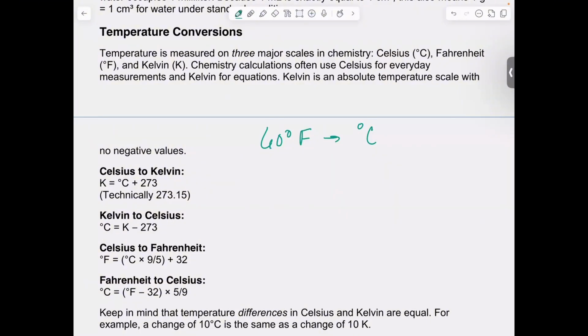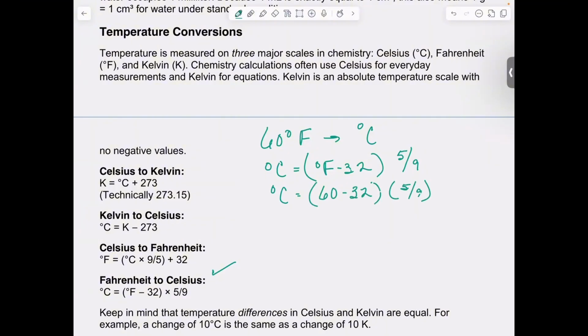Fahrenheit to Celsius, I would simply use this equation down here where degrees Celsius is degrees Fahrenheit minus 32. And then I'm going to apply this 5/9 ratio. So ultimately, degrees Celsius would be our 60 minus 32, and then ultimately times 5/9. And if you know one, you know the other.